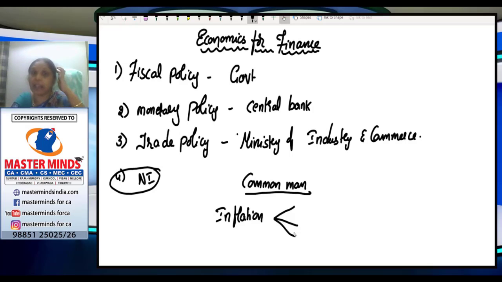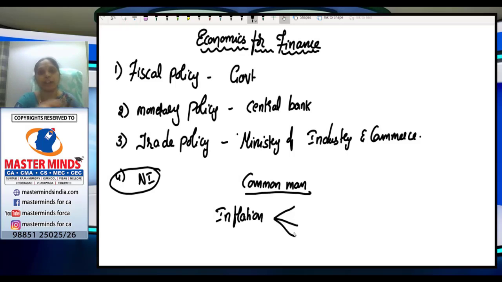Let me give an example. If prices rise, what can the government do? Take the examples of vegetables, fruits, cereals, crude oil, that is petrol and diesel. Many times these prices increase. Yes or no? Right. Protest may or may not arise, depending upon the type of people who react against the government or ruling party.